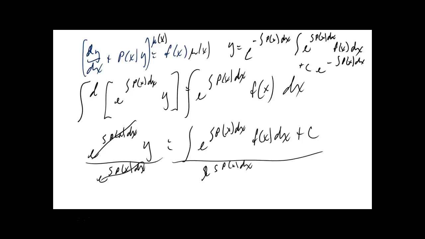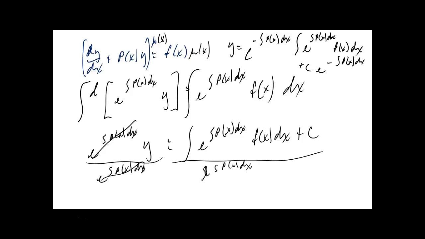Now, here are the steps, if you didn't remember them. If you had an a of x in front of that dy dx, get it in this form: dy dx plus p of x y equals f of x.